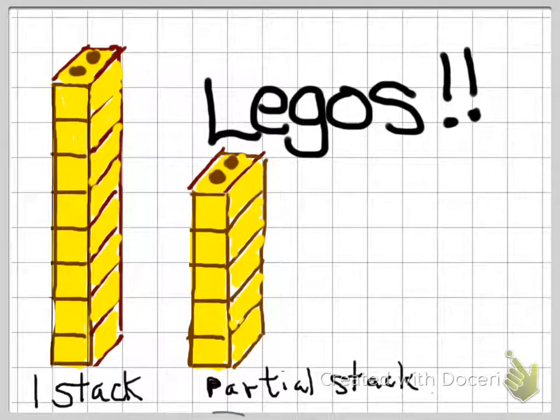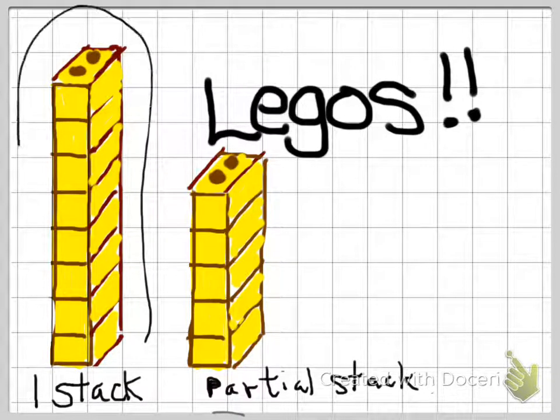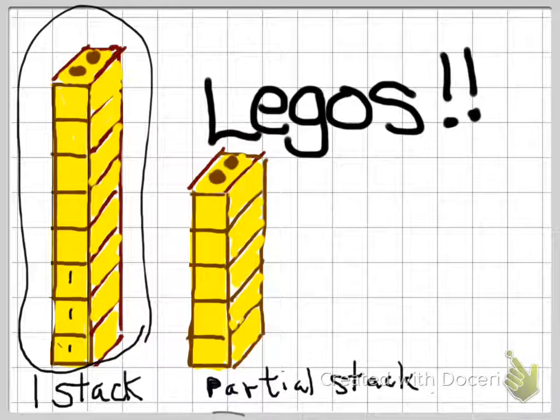Okay? Notice right here, if you had a whole bunch of Legos and I said, hey guys, I need a stack. How many individual Legos make up one complete stack? So here, count with me. I'm going to touch the blocks. 1, 2, 3, 4, 5, 6, 7, 8.